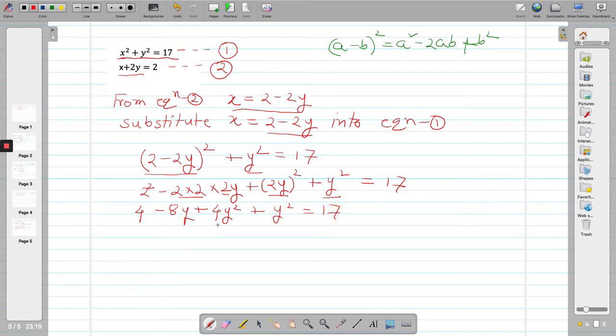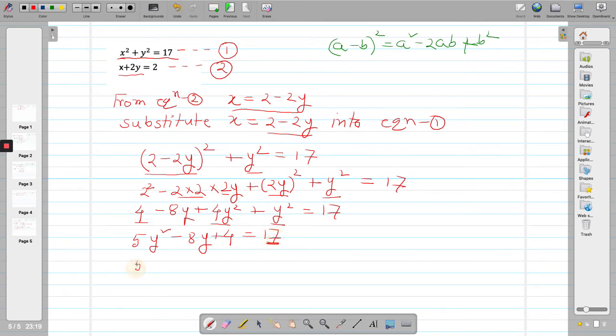Now I'll simplify more. We can write down the y squared first, so it is 5y squared, minus this 8y, plus 4, equal to 17, and then you can bring the 17 to the left hand side.